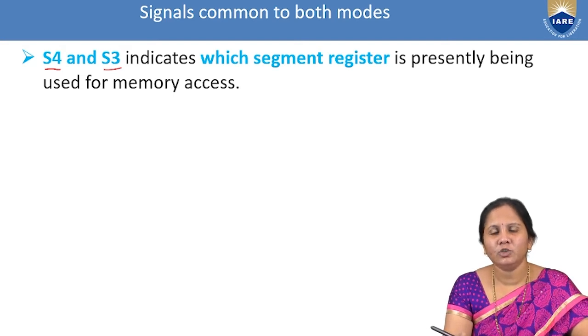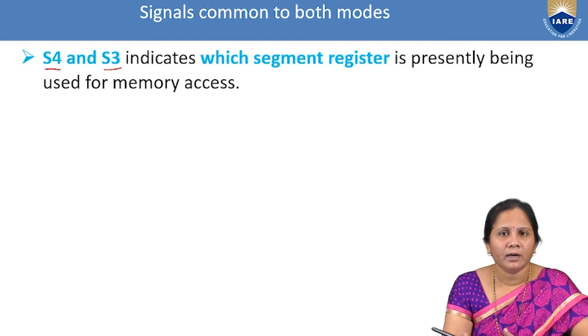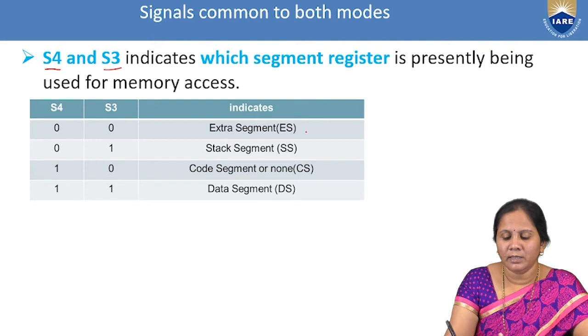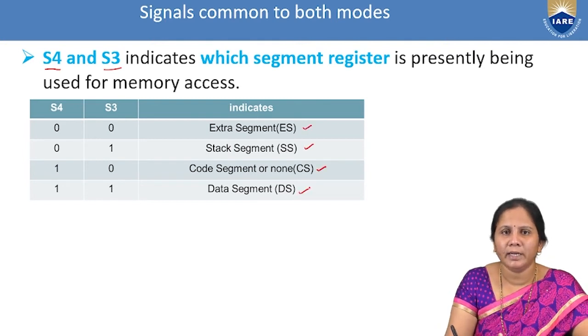Generally in the 8086 microprocessor we have four segment registers: extra segment, stack segment, code segment and data segment.